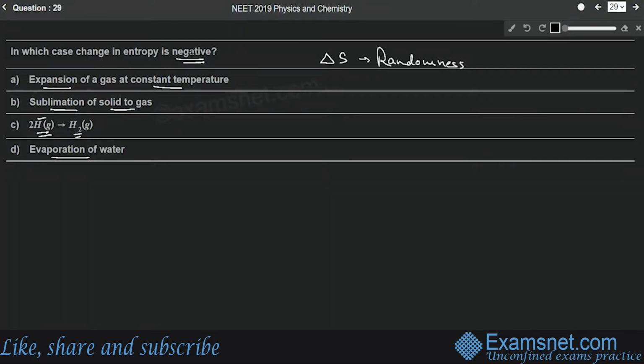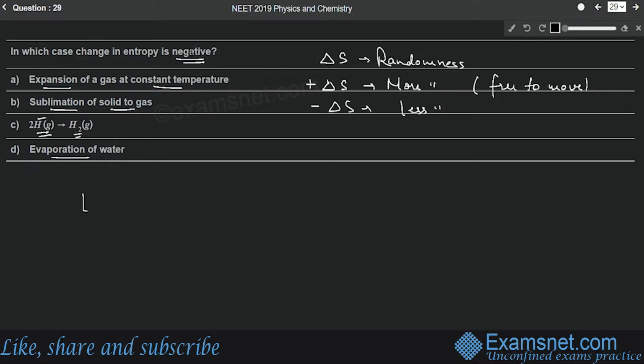That means if we have positive delta S, it means that there will be more randomness. So the particles will be free to move around. Whereas in case of negative delta S, there will be less randomness. So particles will not be able to move freely, right? Now, if we look at the given options, first one says expansion of a gas at constant temperature.